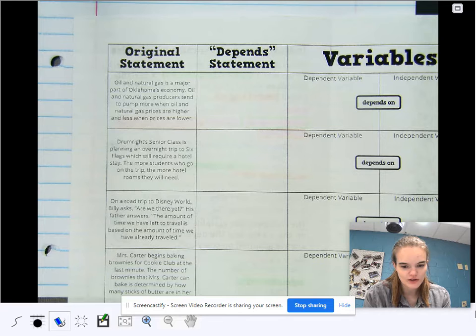So we have a couple things going on. We have the price of the oil and natural gas, and we have the pumping frequency, like pumps more or pumps less. So we have to think about which one depends on which. They pump more when the price is higher. They pump less when the prices are low.